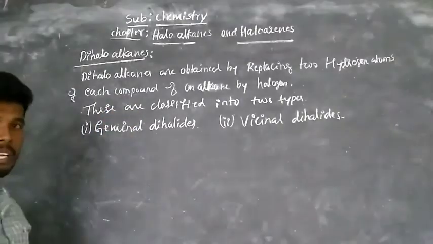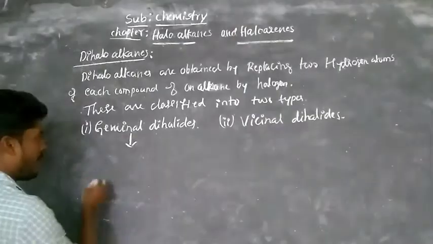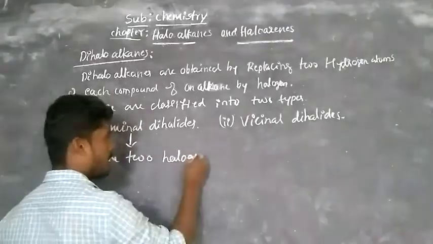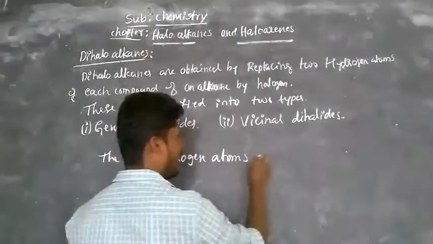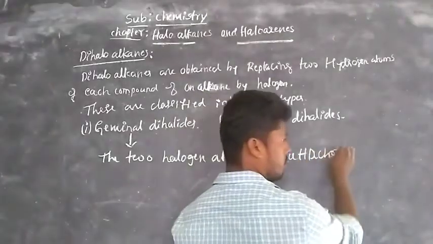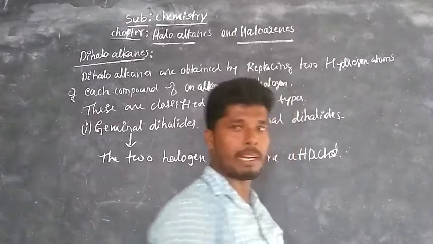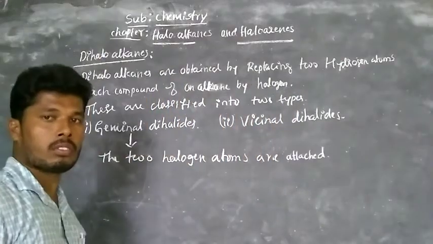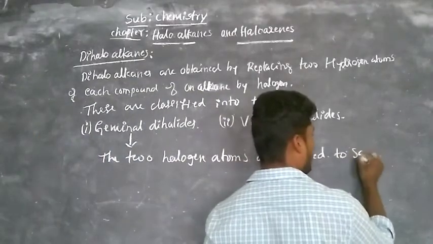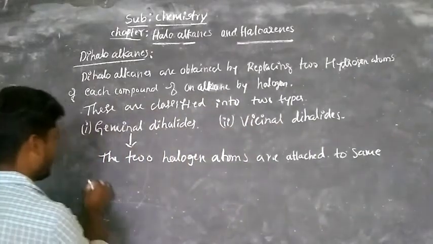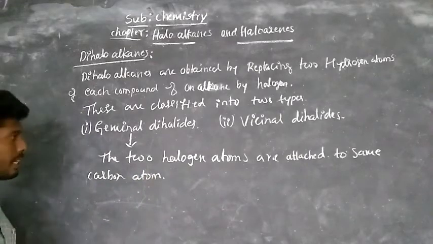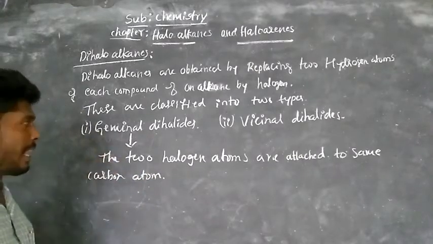Geminal dihalide is defined as two halogen atoms attached to the same carbon atom. The resultant compound we call geminal dihalide.